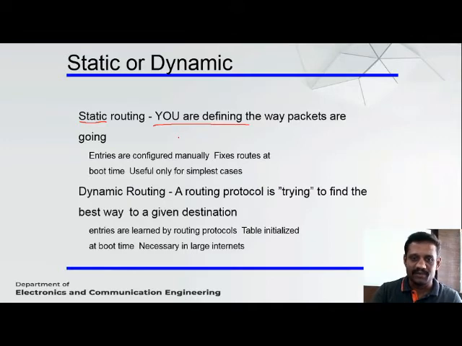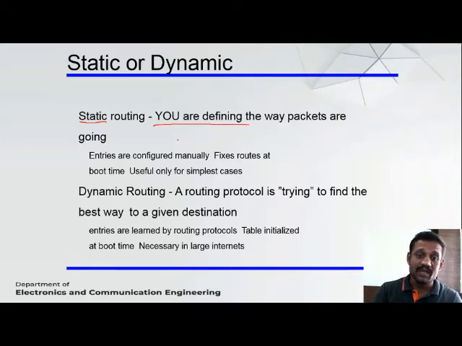For example, I want to transmit data from one source to a destination. I will choose the way in advance, and the data is transmitted only along that particular way. This is carried out only in the simplest cases. If I already know this is the correct destination, I will use static routing.